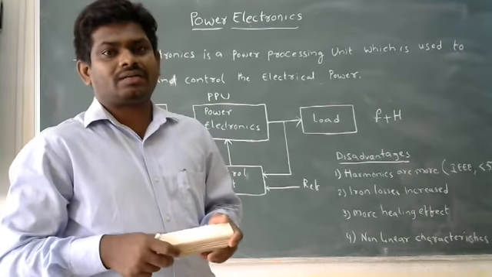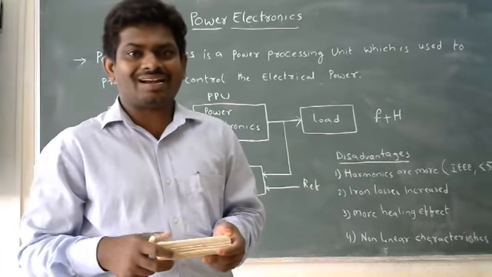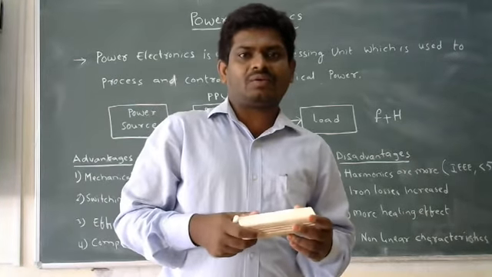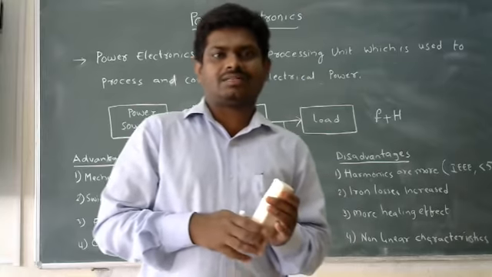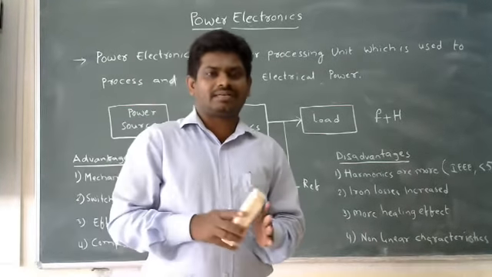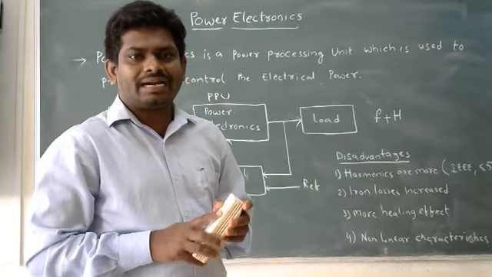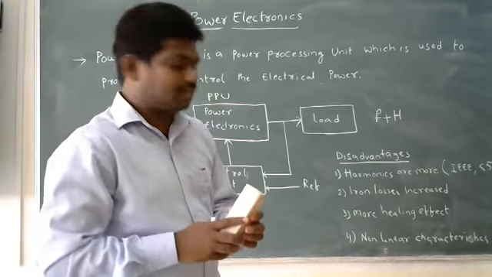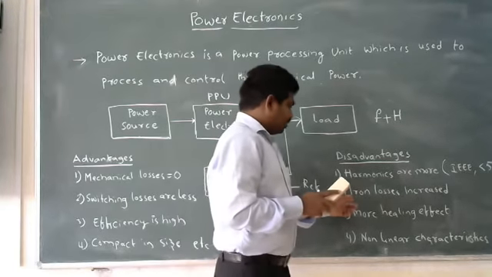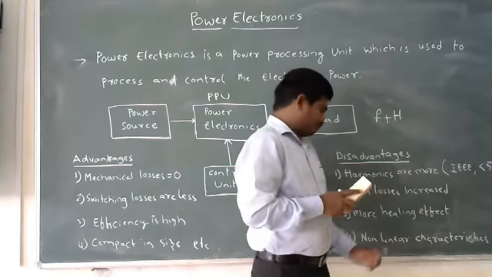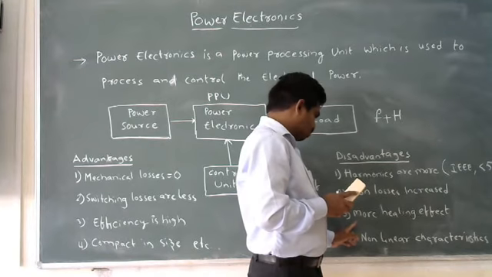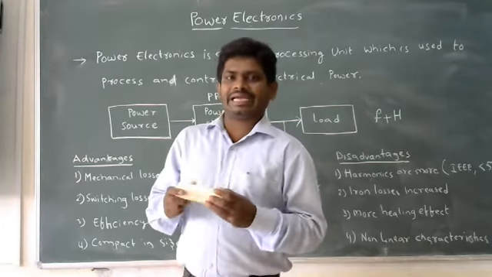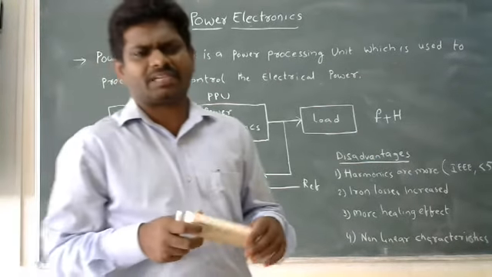Generally, in operation we can say iron losses are constant. When we analyze any machine, we calculate the iron losses only once. But when you use power electronic devices, the disadvantage is that iron losses are not constant, they become variable losses. That's why iron losses are increased in this case. And more important, more heating effect will be there, which is also based on frequency.